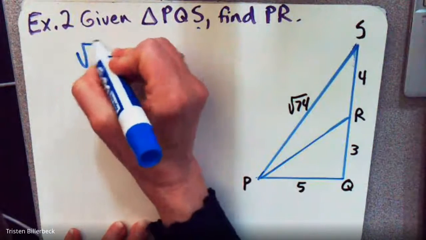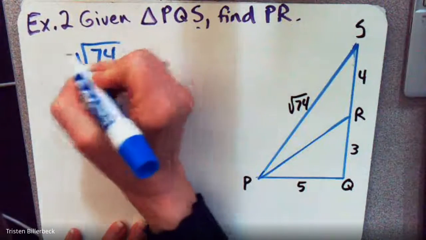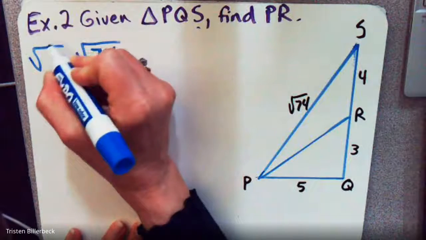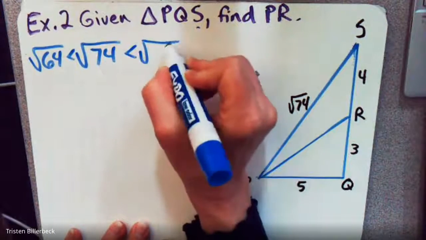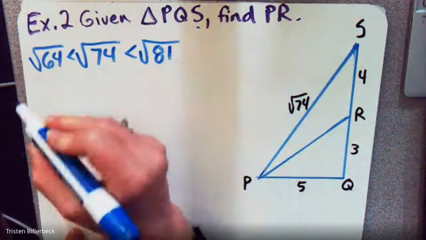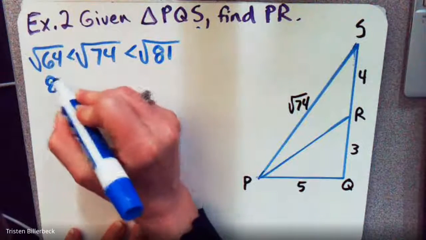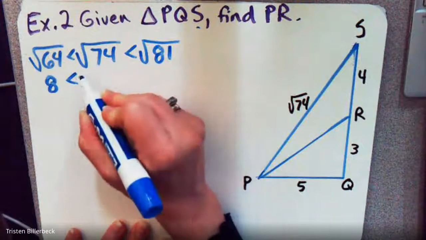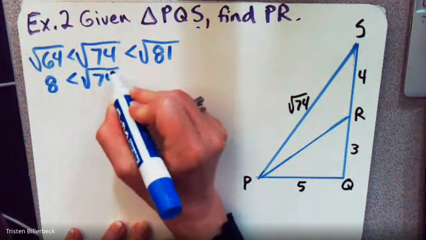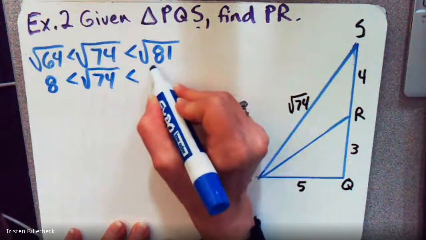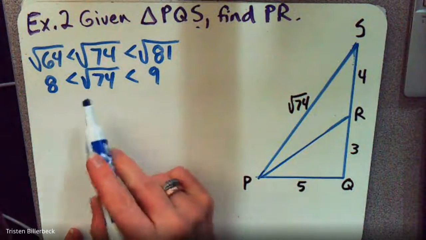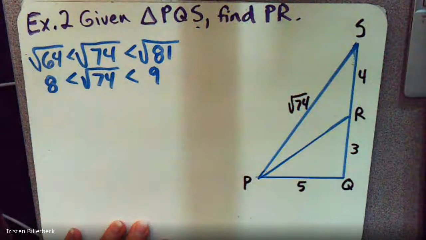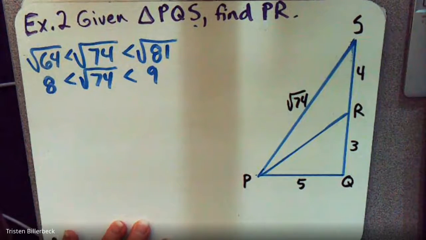Now we can figure out the square root of 74 is between the square root of 64 and the square root of 81. So the square root of 64 is 8, and the square root of 81 is 9. So that's around maybe 8.5 if we were estimating.